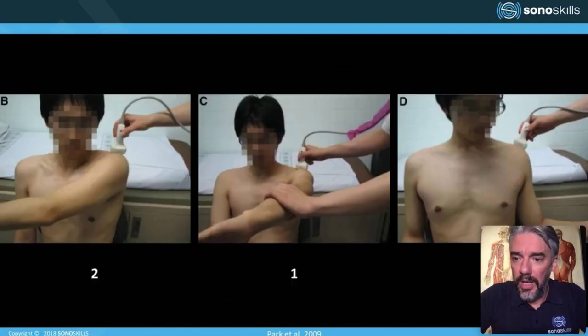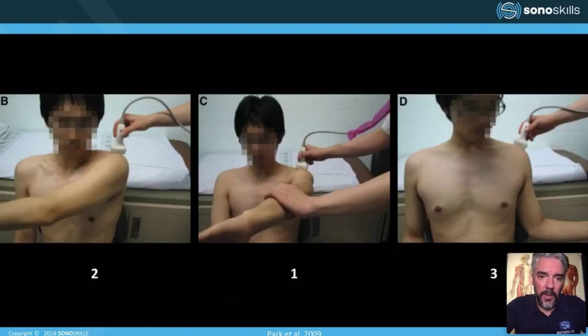Looking at this, we can conclude that the middle picture produced the biggest stress on the AC joint, and you can use this to assess the AC joint on stability, but also on provocation. Personally, I first do this one. If the patient can handle it, then I'll do this as an extra, but I don't start immediately with this, because to do this, first you need to do this. So to me, this is a two-step approach.